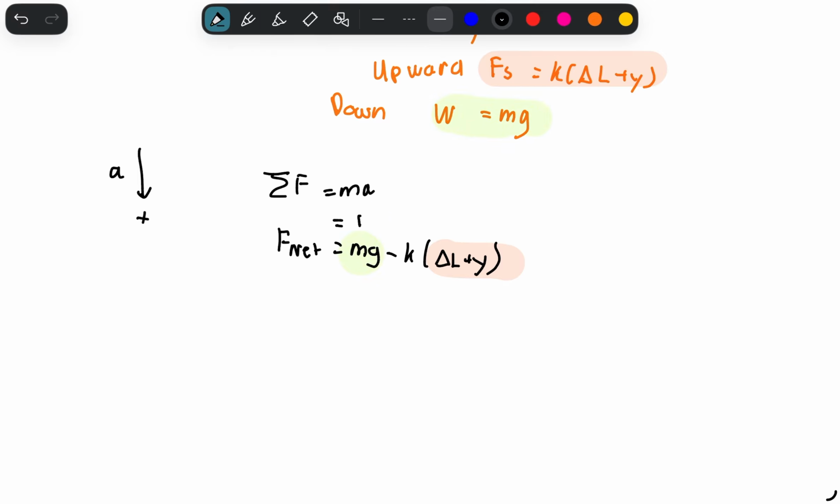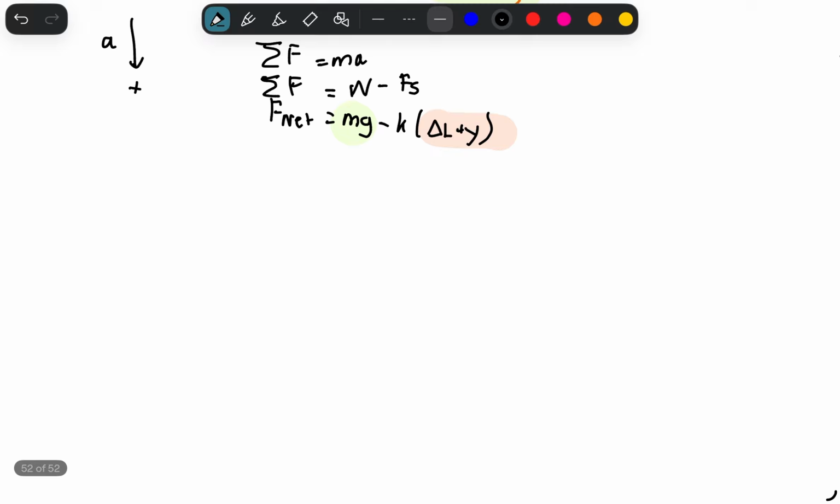So this is our weight minus our Fs. Then we can distribute that spring term, and that's going to equal F net.